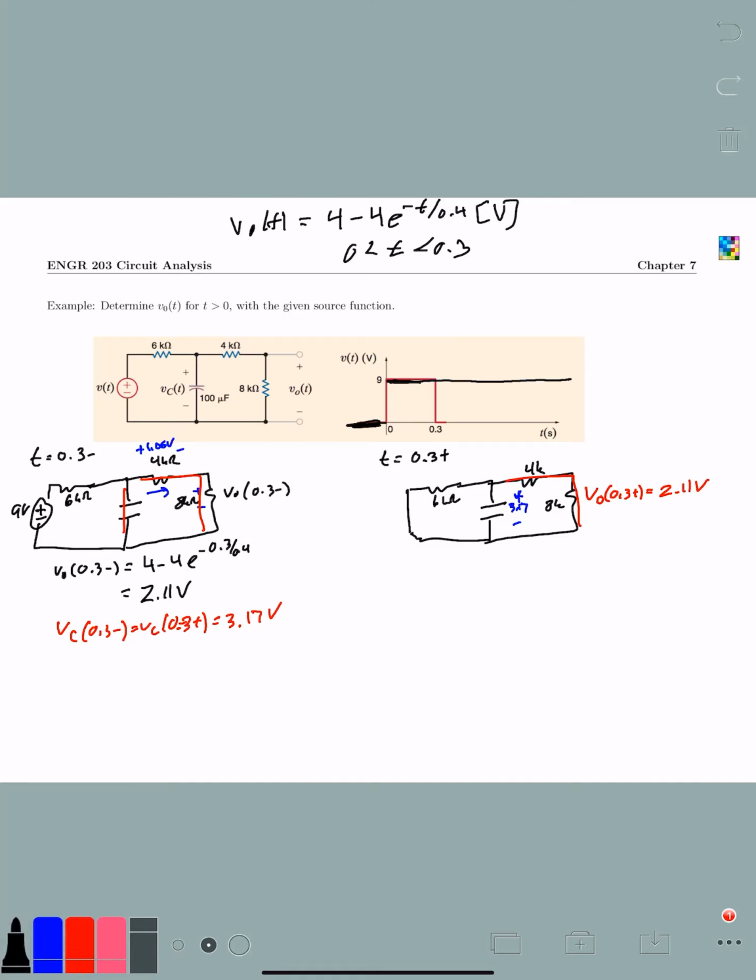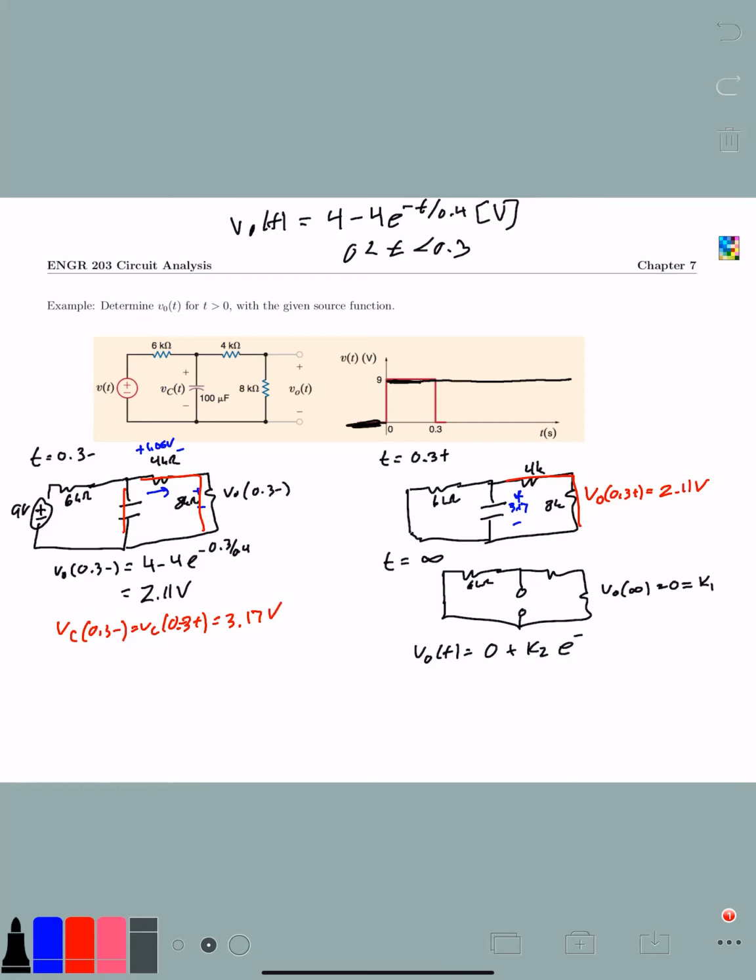Now we need to see what happens as we go to infinity. At infinity, the source has been turned off for a long time. My capacitor is an open. Again, though, nothing's activating the circuit, so V0 of infinity is going to be 0, which is your K1. So V0 of t is going to be K1 plus K2 e to the minus.